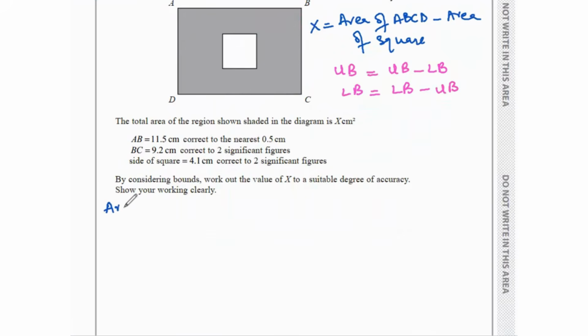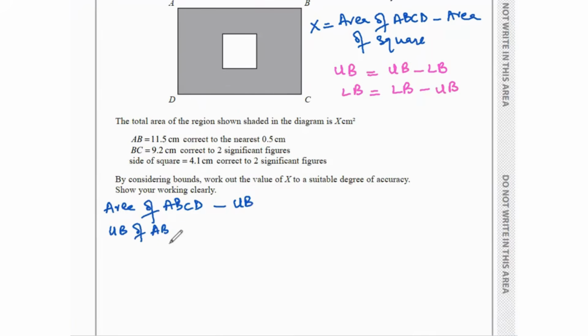So area of ABCD, upper bound. Whenever we're trying to find the upper bound in multiplication, we multiply upper bound with upper bound, which means we need the upper bound of AB and upper bound of BC. Upper bound of AB: it's 11.5 centimeters, correct to the nearest 0.5.